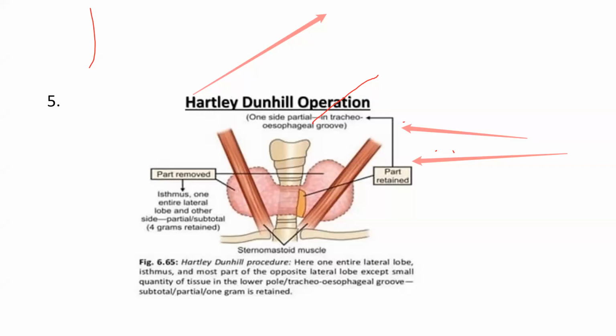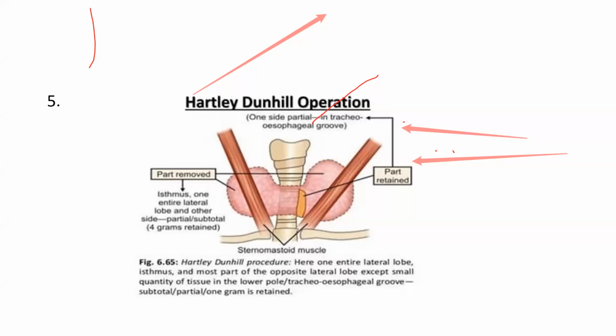But we have to know about the previous operation, what is subtotal. This is what Dunhill's operation is: you are keeping a small part of thyroid tissue on the contralateral side near the tracheoesophageal groove. In this picture, you can see what part is removed and what part is retained, and where exactly the thyroid tissue is retained.